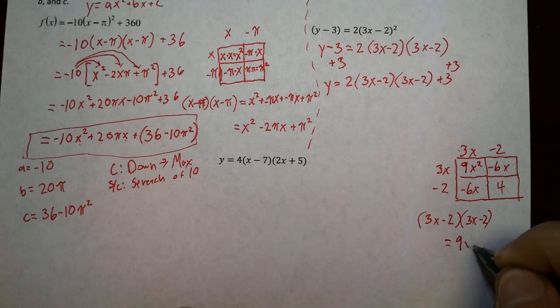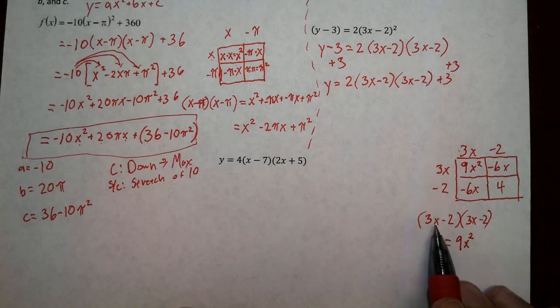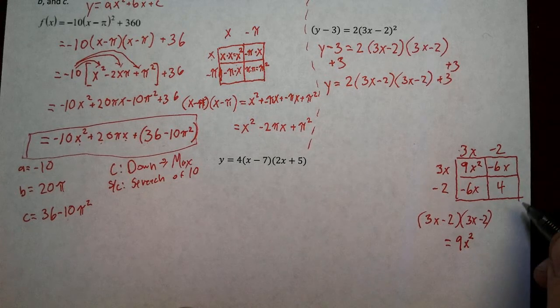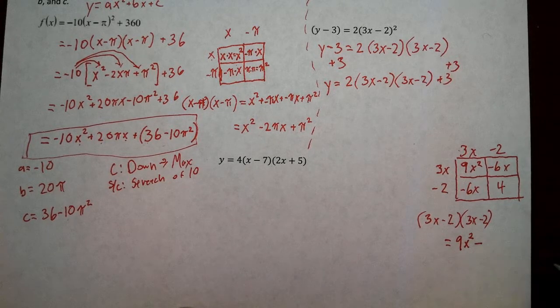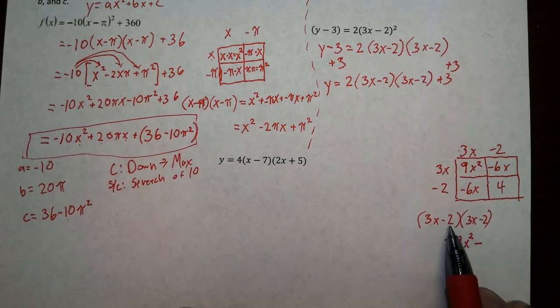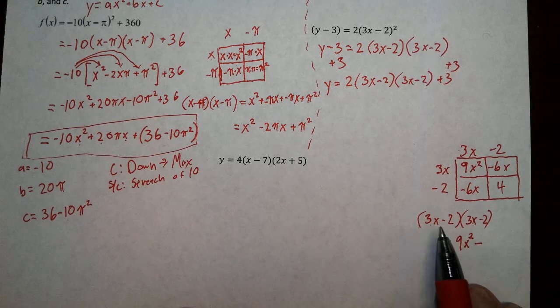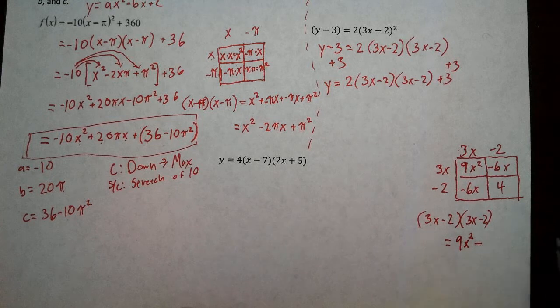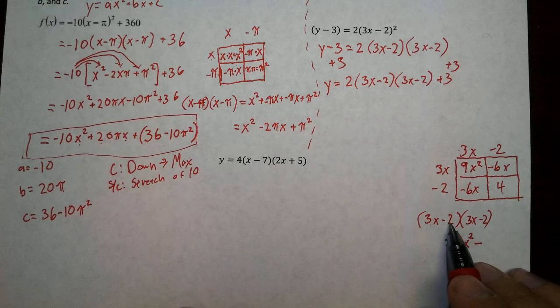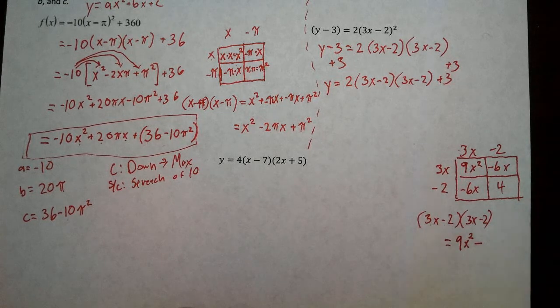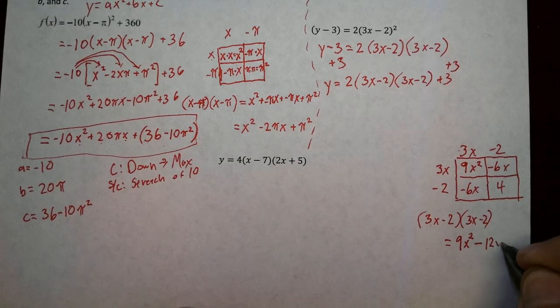But notice it's going to be that first number squared, right? So 3x, we're going to square that, minus the first term times the second term times 2. Okay, so first term times second term times 2, that's going to be negative 6x times 2 is negative 12x.